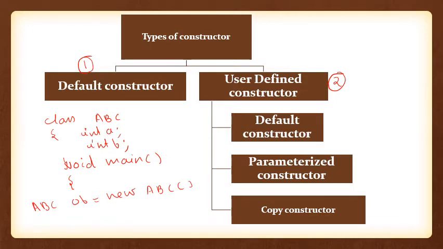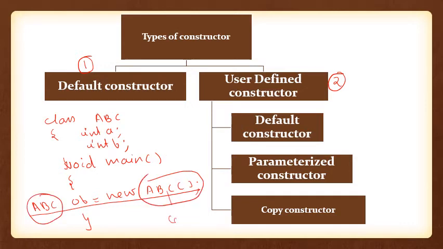So here no constructor function is defined by the user. In that case, whenever we create an object, the name of the function and the name of the class are the same. So it's a constructor. The Java compiler automatically calls a constructor function.